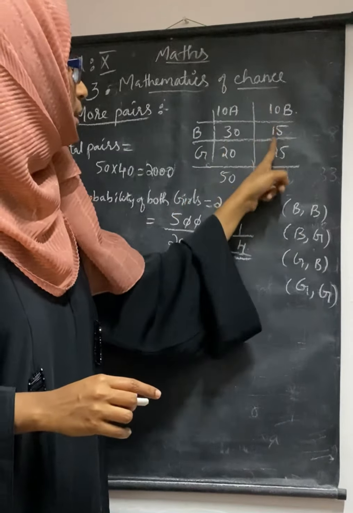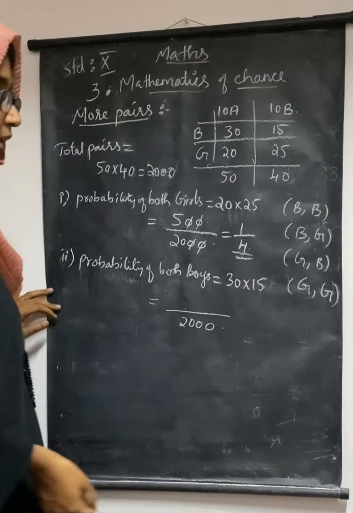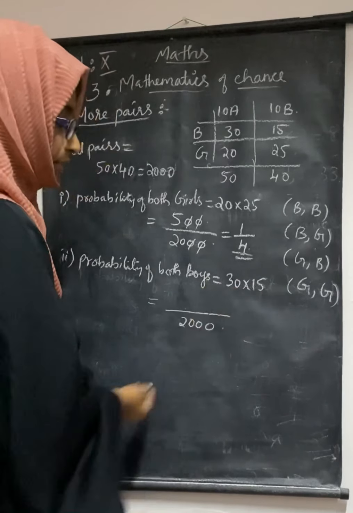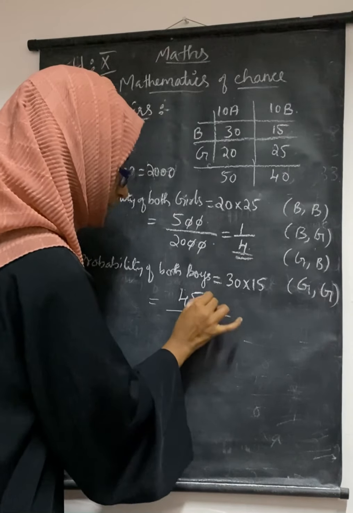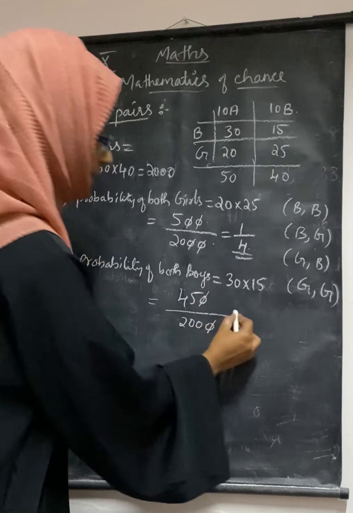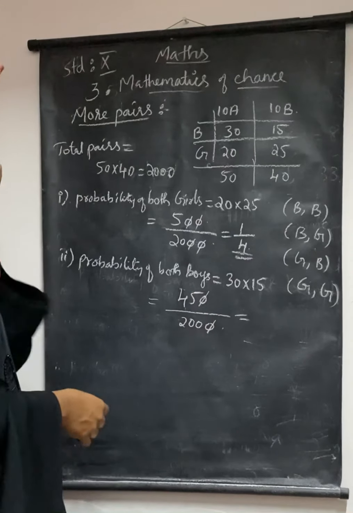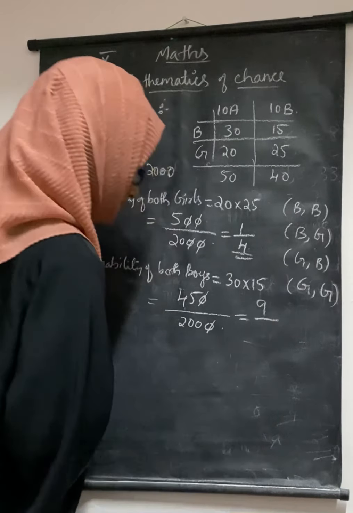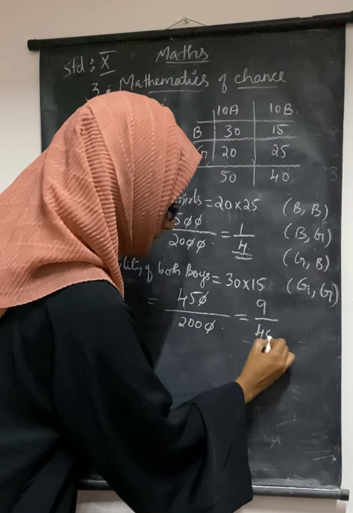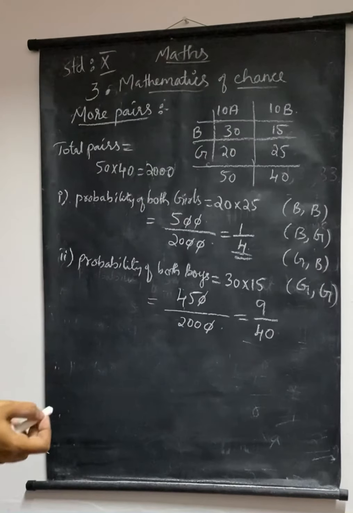The probability becomes a division over how many pairs, 2000. 15 threes are 45, and 1 0, 450. So this 1 0 gets cancelled, and when you make it shorter, you will get 9 by 40.